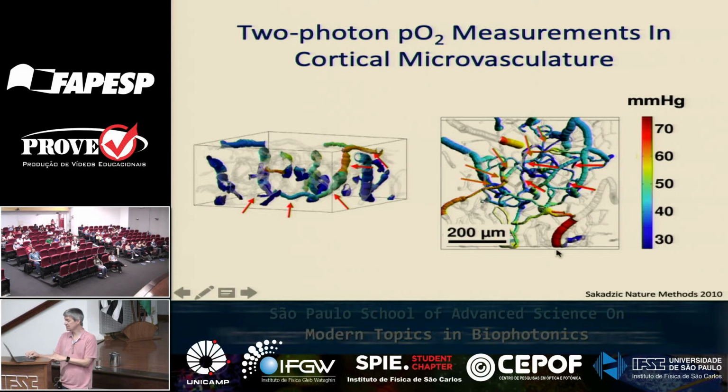You could actually see an arteriole on the surface of the brain with high partial pressure of oxygen. You could follow it descending through a penetrating arteriole into the cortex, branching into capillary networks, losing oxygen all along, and then rising up through a penetrating venule again to a draining vein on the surface, right? This was the first one we did.